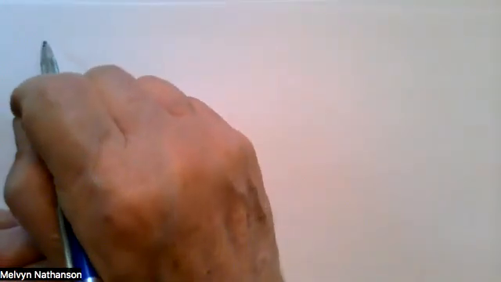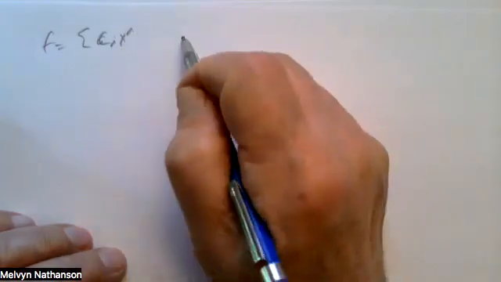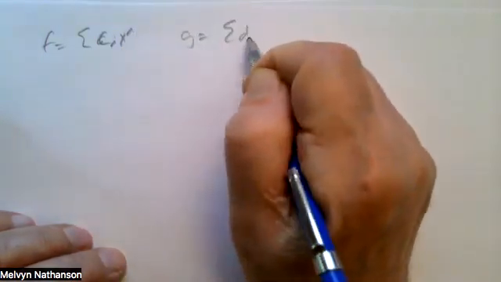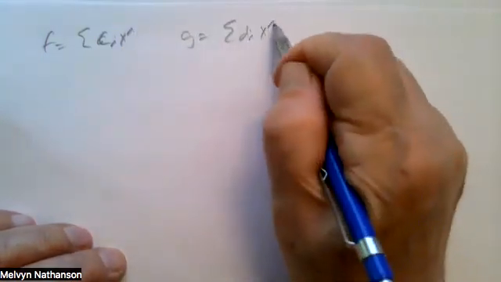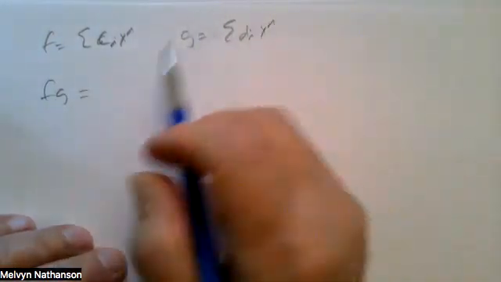What about multiplication? So if f is the summation of c_i x to the i, and g is the summation of d_i x to the i, what is f times g? That's a polynomial.